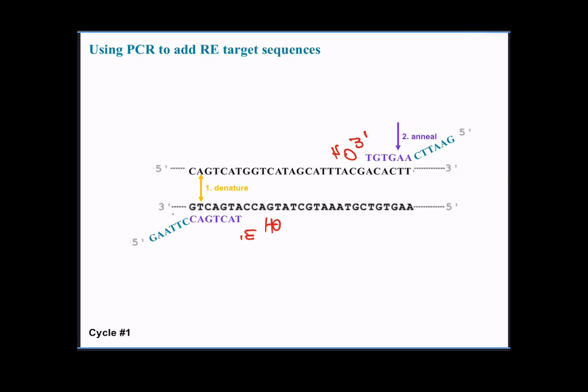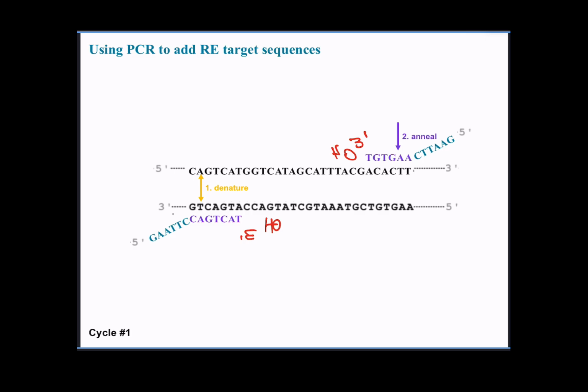In case you're wondering, that's a 3' hydroxyl upside down. Because that is what Taq polymerase needs to start synthesis of DNA. The Taq polymerase doesn't care about what's going on in the 5' end. So if this 5' end is kind of flapping around, not bound to anything, Taq polymerase doesn't care. The only thing it cares about is that there is a free 3' hydroxyl from which it can start adding new nucleotides following whatever the sequence of nucleotides is in the template.